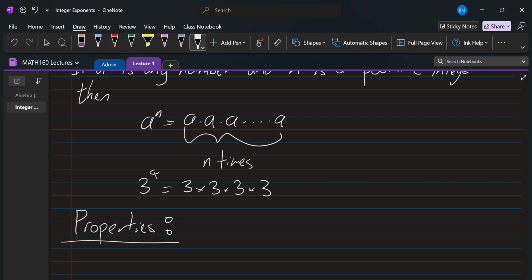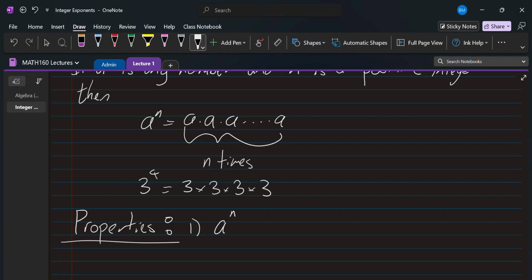Okay, properties. When given some expression with exponents, we will be using these properties to simplify what's given. This will be used a lot later on. In the course of doing a calculation, you might end up with some big mess with exponents everywhere, and we want to simplify that as much as possible.